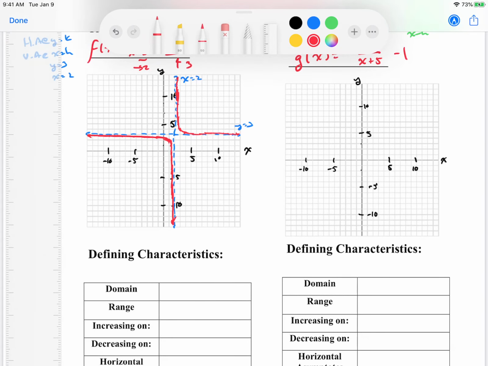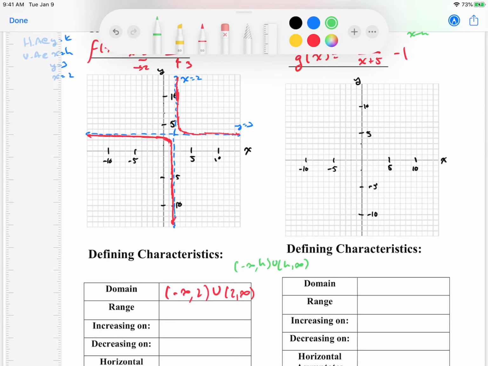So our domain is from negative infinity to positive 2, in union with positive 2 to positive infinity. We're not going to use any brackets. A way we can think about the domain is that it's always going to be negative infinity to h in union with h to positive infinity.